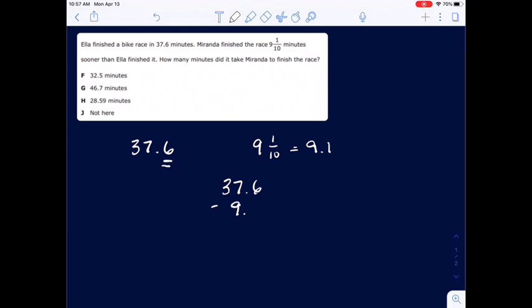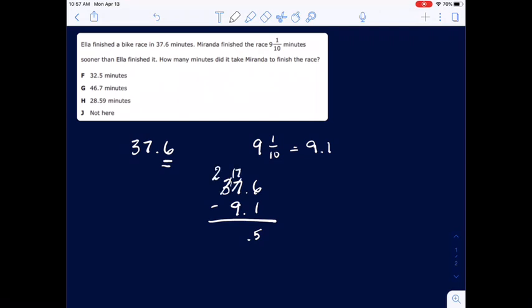So I can start by working out my problem. 37 6/10 minus 9 1/10. 6 minus 1 we know is 5. I bring my decimal point straight down when I'm adding or subtracting with decimals. And then I'm going to have to regroup, because if I have 7 of something, I can't take 9 of something away from it. So this becomes a 2.